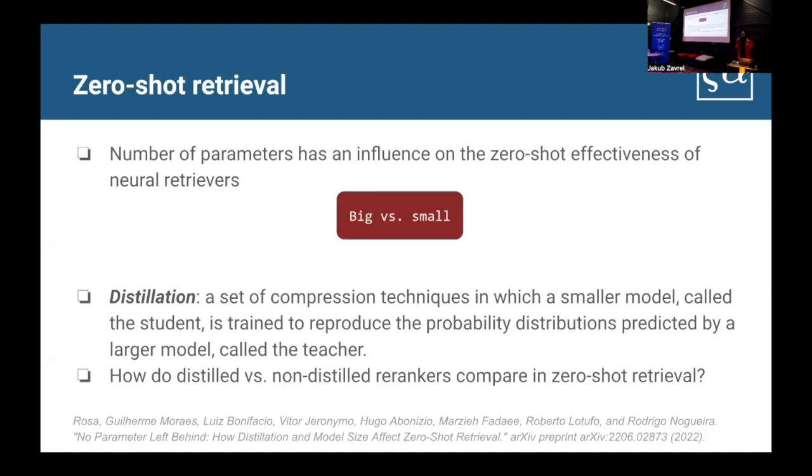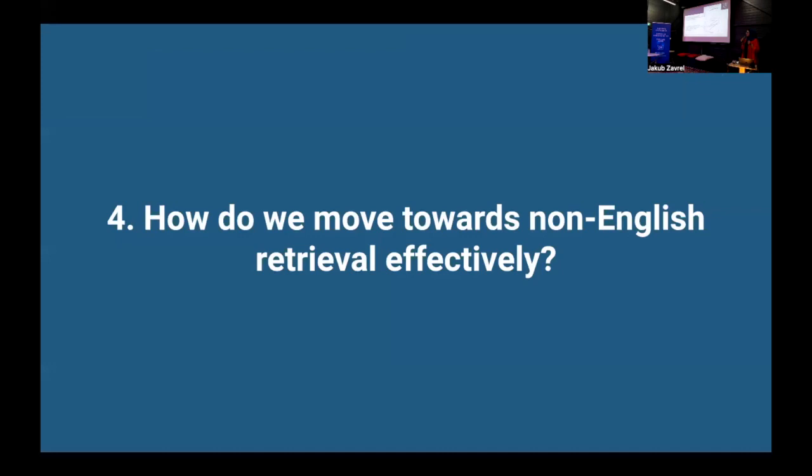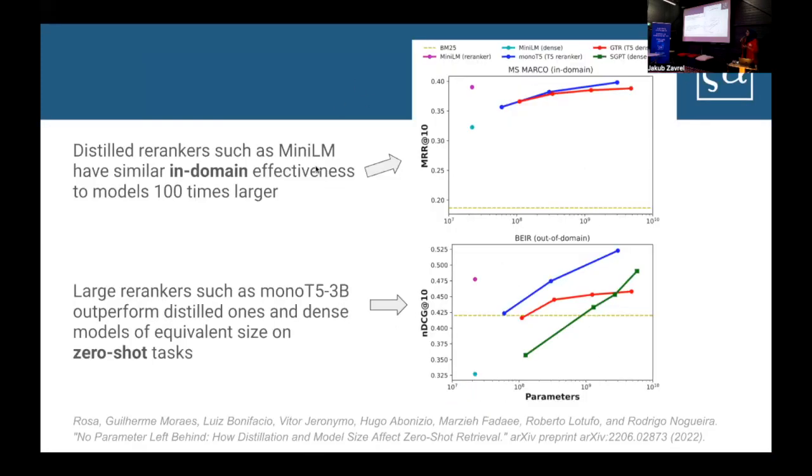But when we are working in practice with these models, which one should we pick? Which one is a good choice? And in this work, we tried to answer these questions. So we had some really interesting findings.